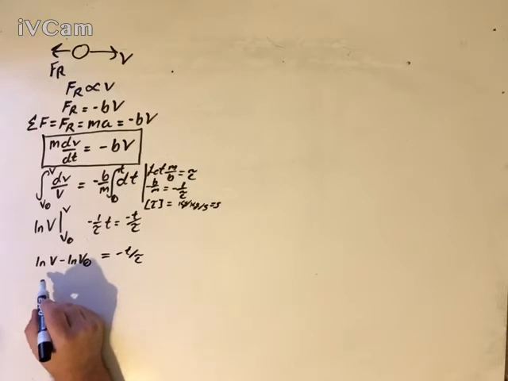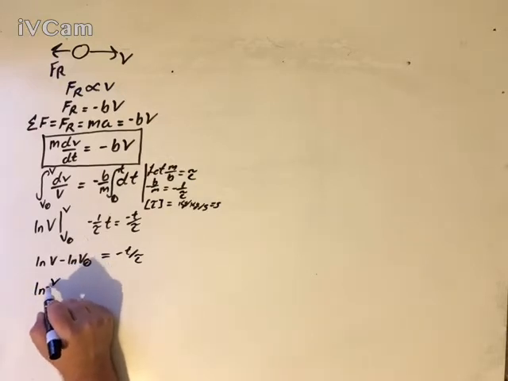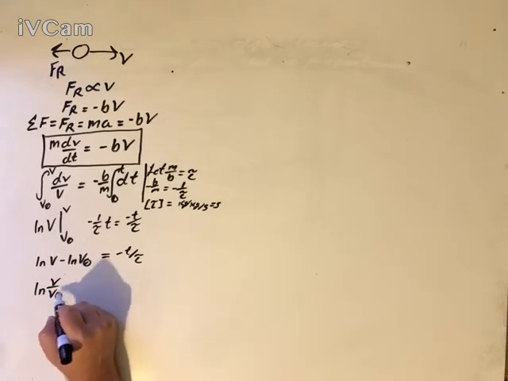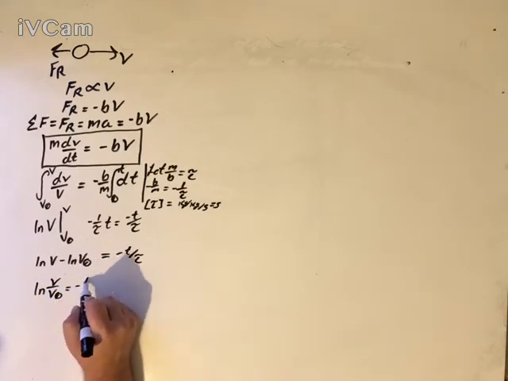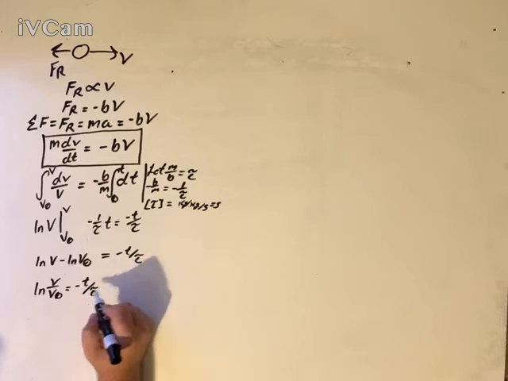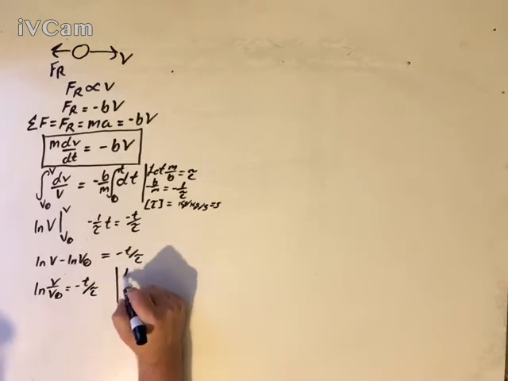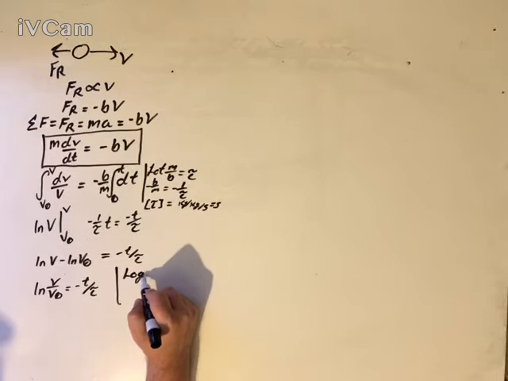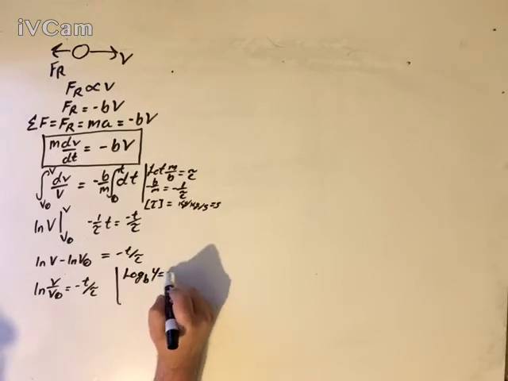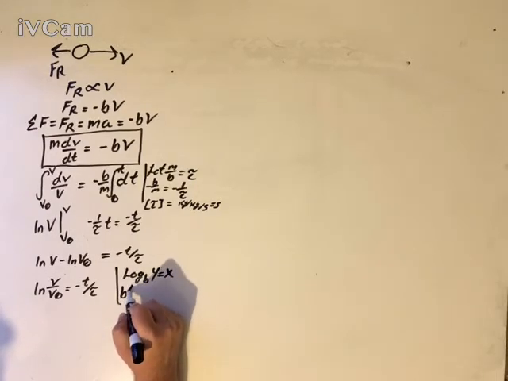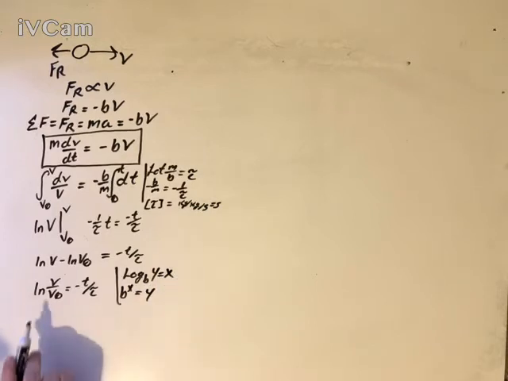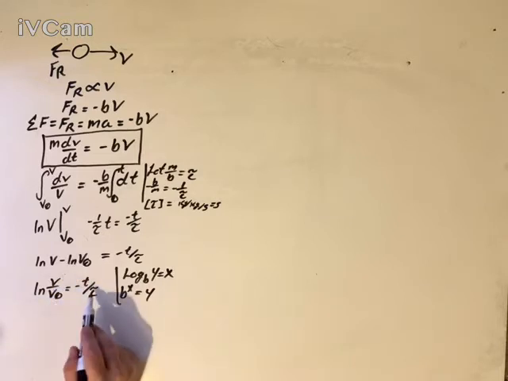Using what we know about logarithms, we can simplify this and say this is equal to natural log of v over v sub 0 equals negative t over tau. Now, we know that log base b of y equals x if b to the x equals y. Here our logarithm, the base is e, and that makes this v over v sub 0 our y term and this negative t over tau our x term.